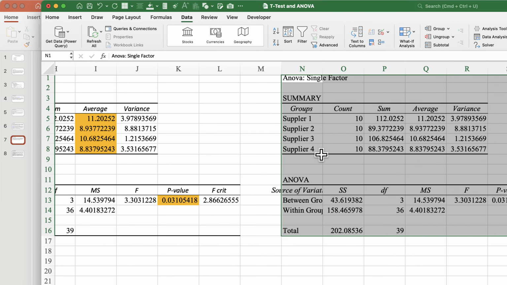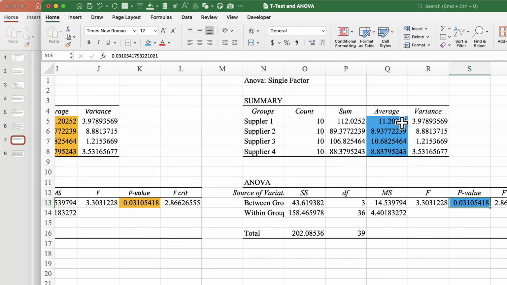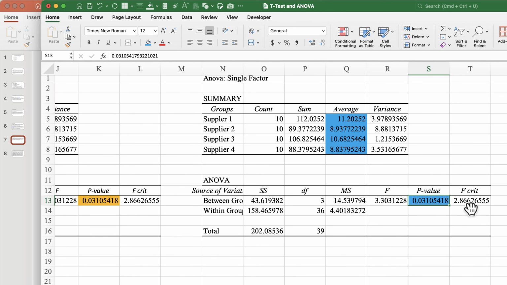There's a lot of information here, but let's highlight the most important ones: average mean and probability value. The mean of supplier 1 is 11, and for supplier 2 it is 8.9, then 10.68 and 8.8. And the second thing is that the p-value is less than 5%, it's 0.03. Now when we synthesize information, it shows that first of all, the strength of material is different.